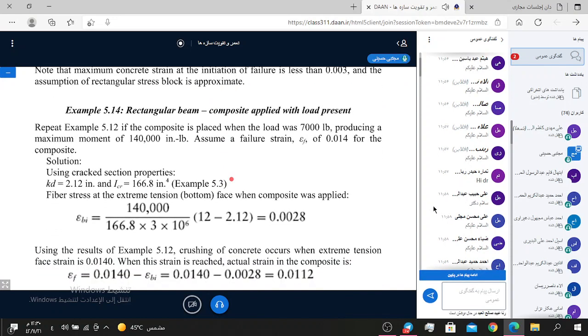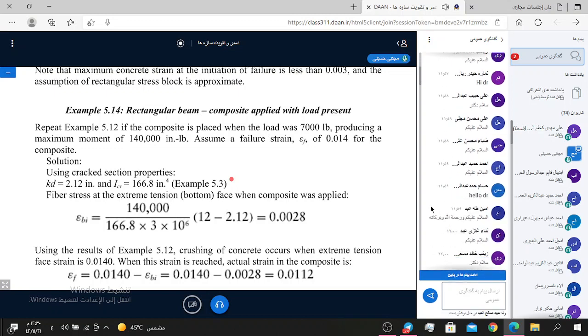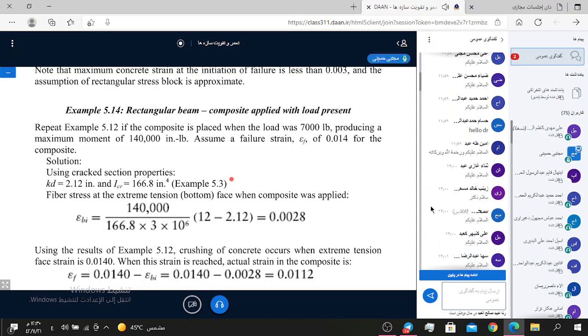And in here you also have an example about a rectangular beam with rectangular cross section and composite applied with the load present.